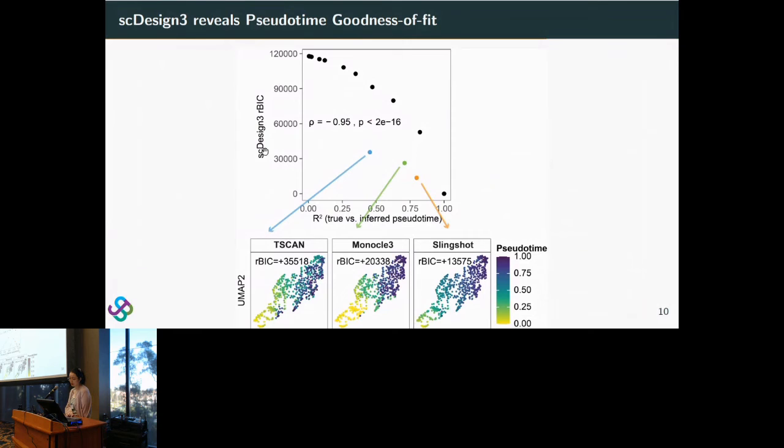And here we can see our unsupervised metric BIC agrees with this supervised R-square, which can illustrate the quality of the pseudotime being inputted to our simulator.